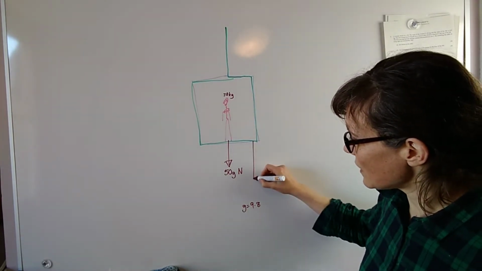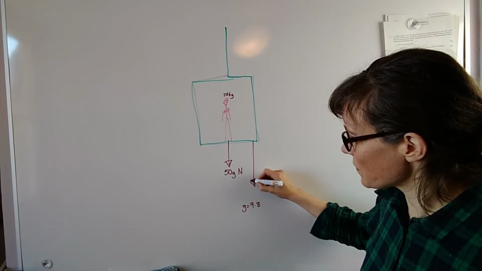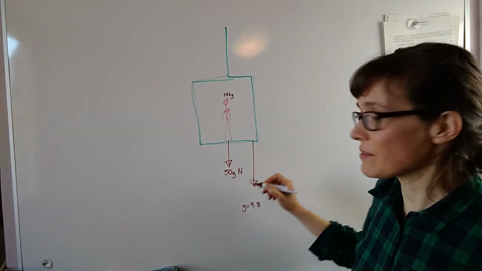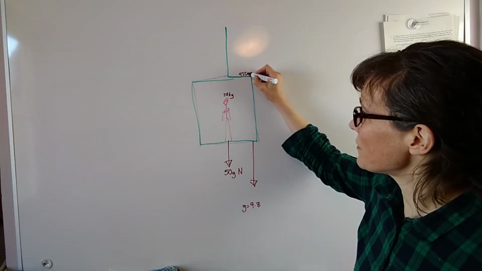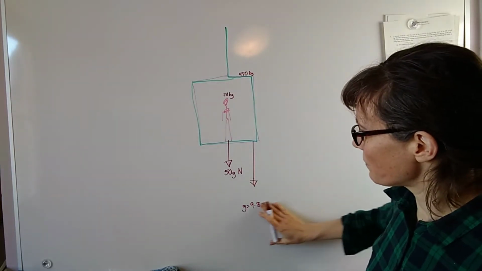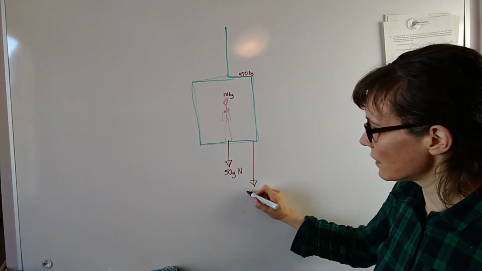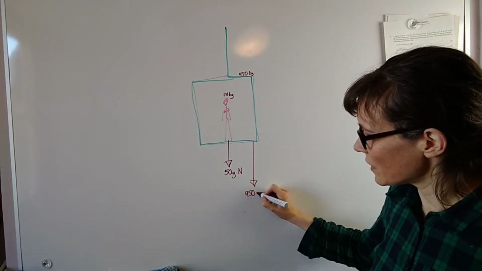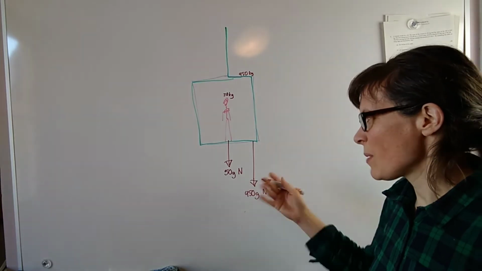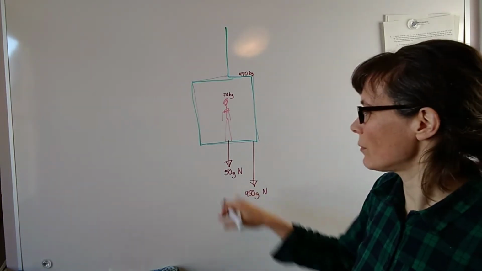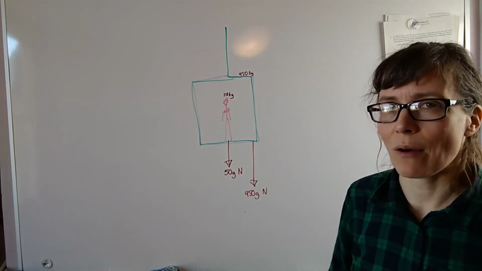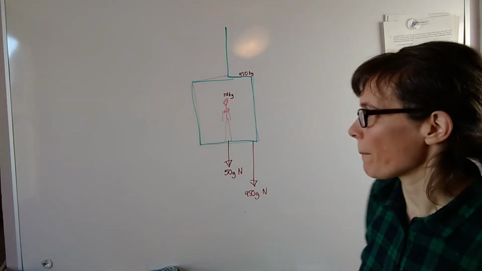We've also got the weight of the lift, which is much bigger. They are very heavy things, lifts. The lift is 950 kilograms, so again, 950 g newtons. Remember, g is about 10, so we're looking at about 500 newtons and about 9,000 newtons here.